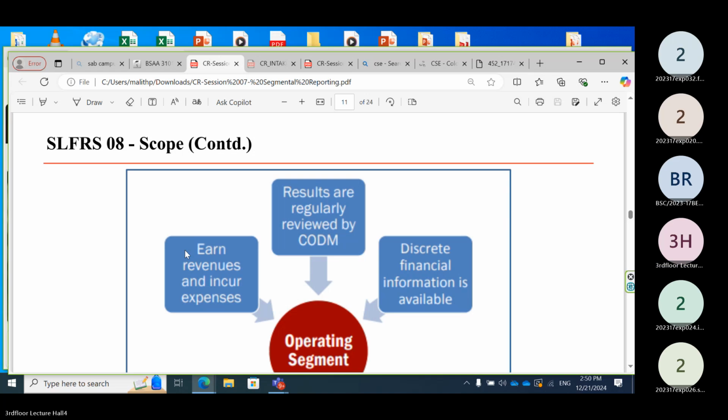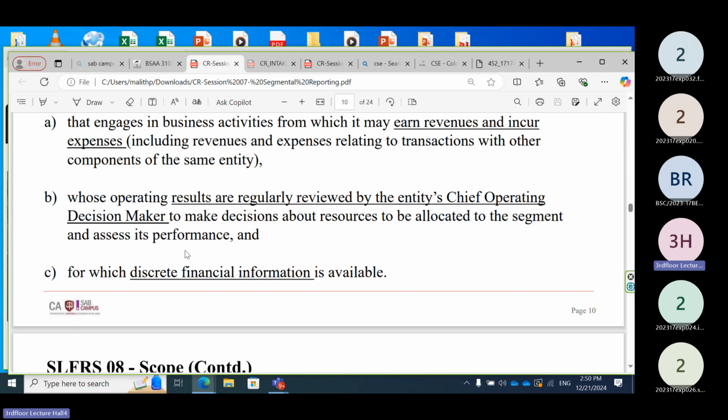CODM. Results are regularly reviewed by the CODM, the Chief Operating Decision Maker, which means the CEO. The Chief Operating Decision Maker has identified what the operating segments are: taking decisions, evaluating KPIs, giving targets for monitoring purposes.